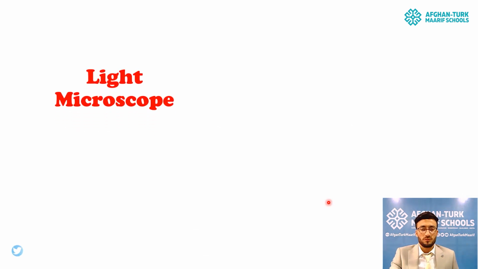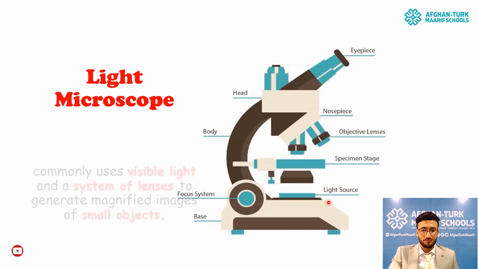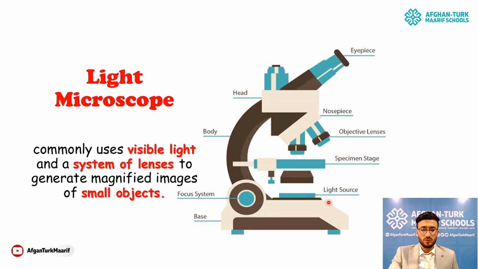First, the light microscope. It is a referring name. It uses visible light and a system of lenses to generate magnified images of small objects. If you see the light microscope in the picture, you may understand that it possesses different parts. The first part that you put to your eye is connected to the objective lens. That is called the eyepiece, and this is called the objective lens.